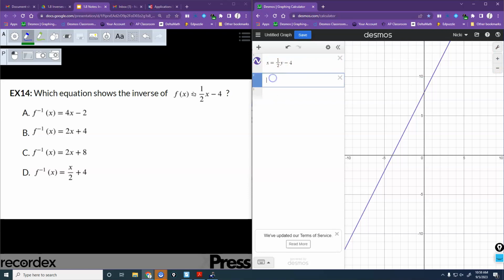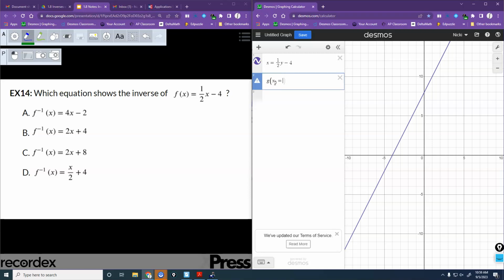So all I got to do is see which one of these matches this. Can somebody tell me which one I need to look at first, just by looking at this graph? Where's the y-intercept on this one? 8. Which one has a y-intercept of 8? This one right here. Now sometimes it's not that easy to tell, but on this one it is. So if I graph, I'm going to call it g of x.